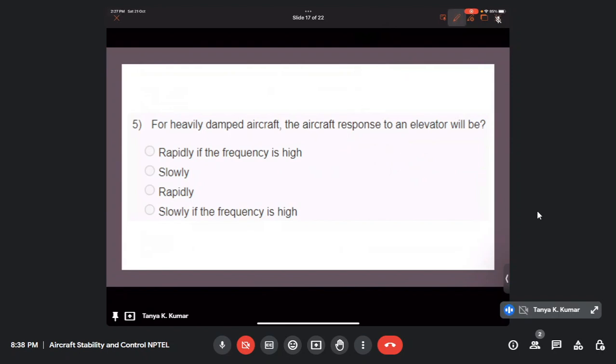For a heavily damped aircraft, the aircraft response to an elevator will be. Of the two modes, which is the most dominant, short period or the phugoid, long period?